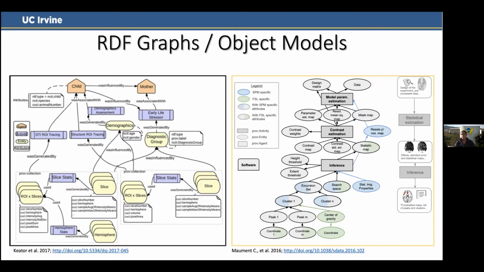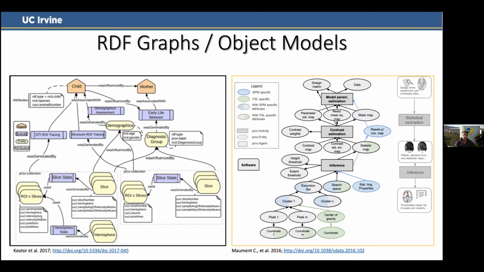If you're a neuroimager, you've probably used the statistical parametric mapping SPM tool, and FSL tools. This is, again, a conceptual object model graph of the relationship between information in those result sets that come out of SPM and FSL. And by modeling, in this case, the software this way, we've identified differences between these two software products, SPM and FSL.